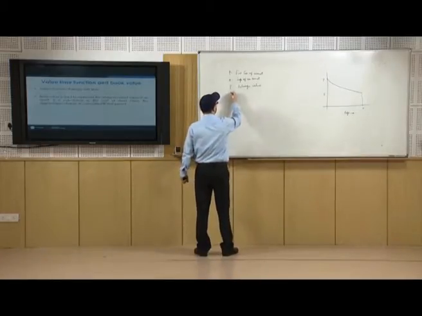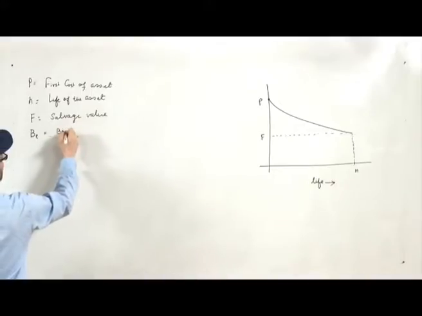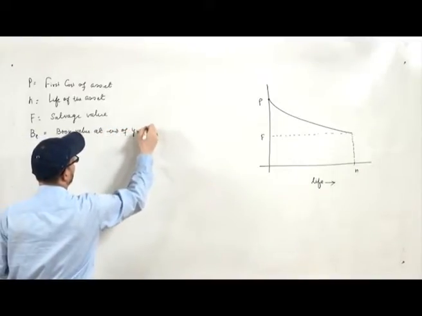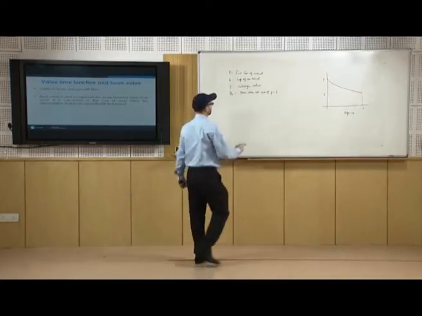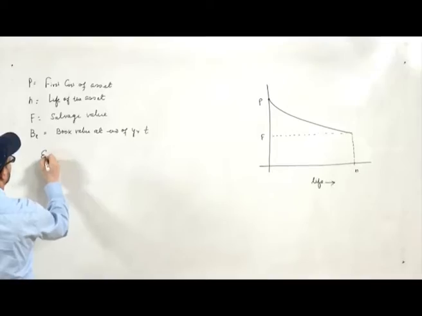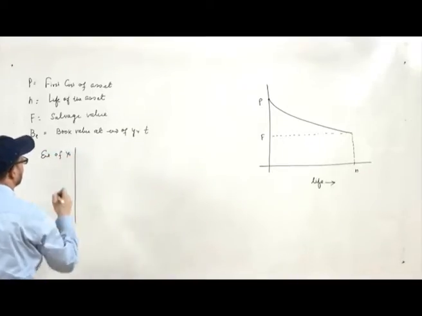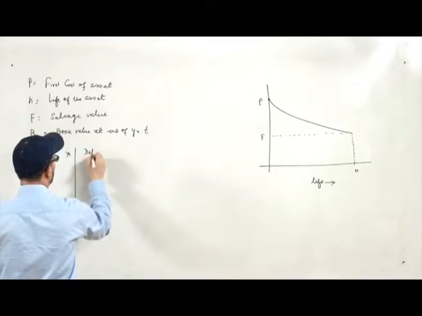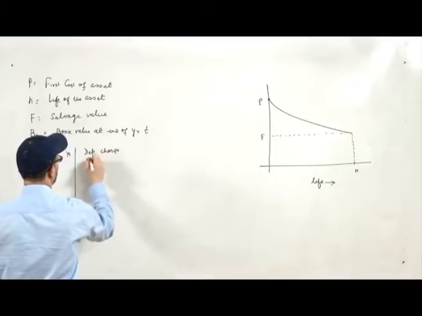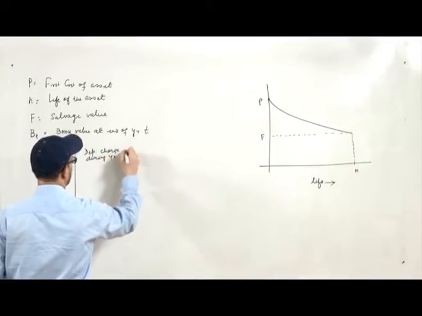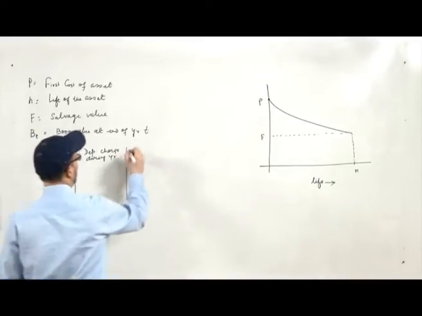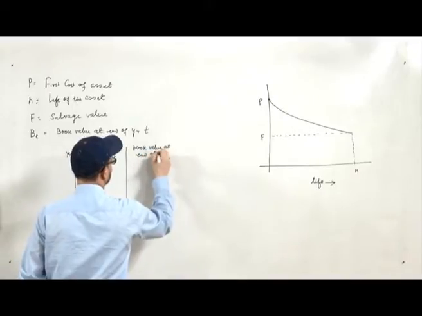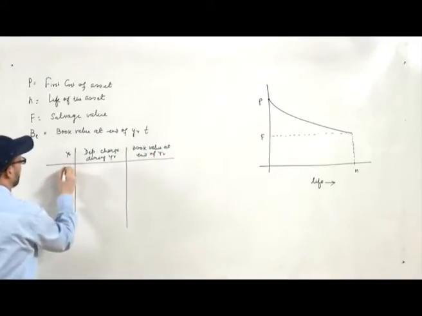Now, if we take Bt as the book value at the end of year t, we can see you have the year, the depreciation charge during the year, and the book value at the end of the year.